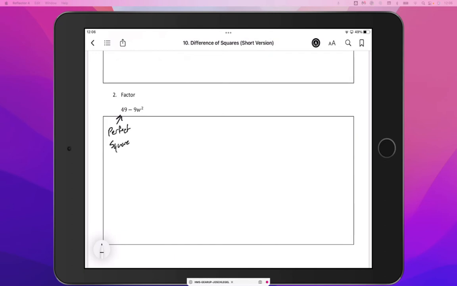Square root of 49 is 7. That's a minus sign, and that's a perfect square. The square root of 9w squared would be 3w. So what we're going to have is 49 minus 9w squared. And we could rewrite that flipped around with the negative 9w squared in the front. It doesn't matter.